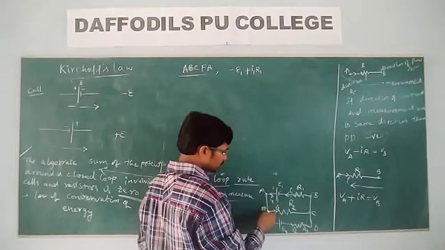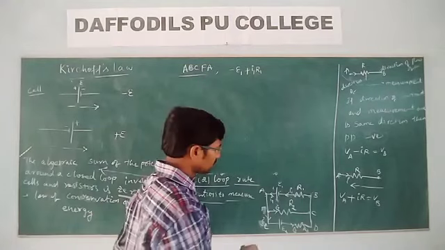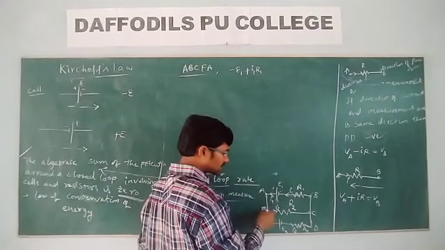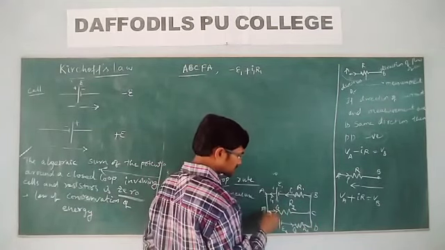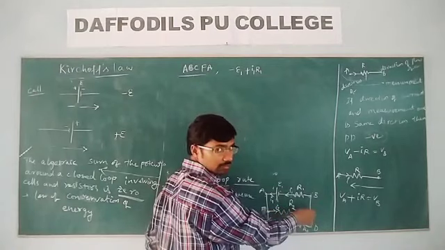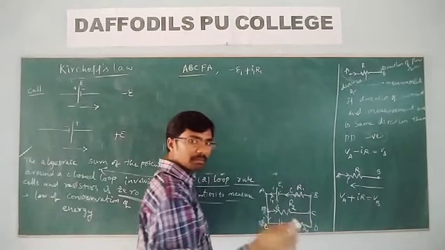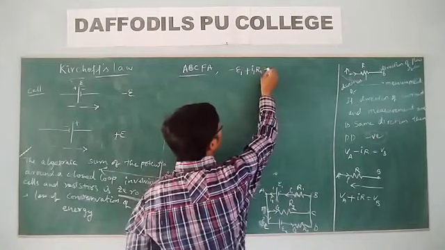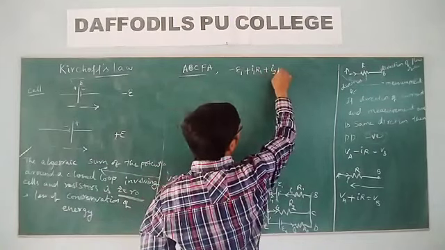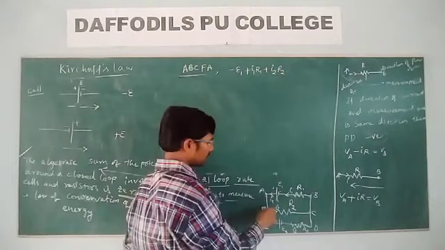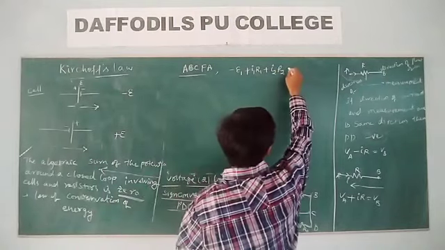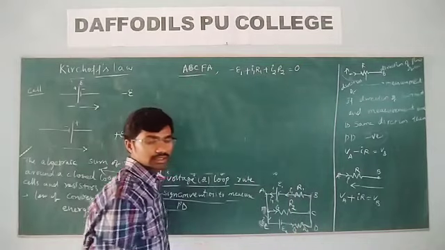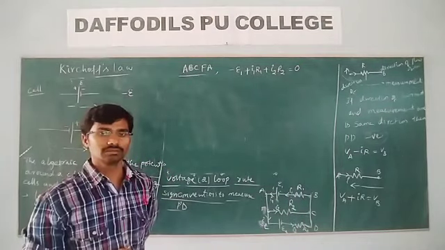Again from C to F, we are measuring from C to F, and the direction of the current is from F to C. Then how do we take the sign convention? Plus I2 R2. Here no components. That is equal to 0, just applying the voltage rule.